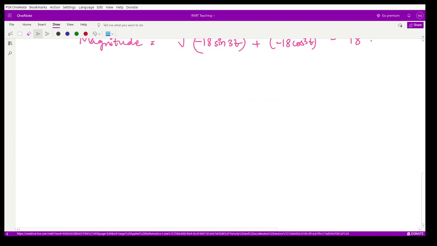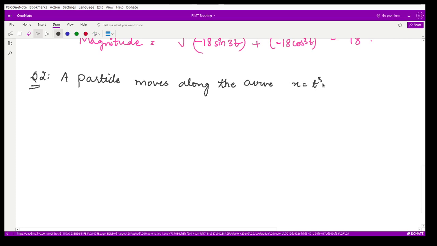Okay, so let us now see the next question related to this topic. The next question here is, you are given that a particle moves along the curve x is equal to t cube plus 1, y is equal to t square, and z is equal to 2t plus 3, where t is the time, right?